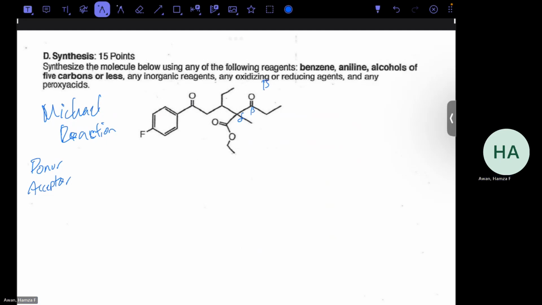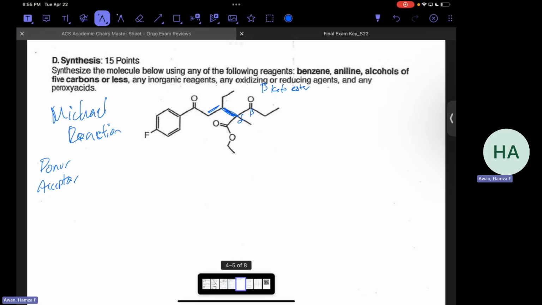So beta keto ester. And what we can have is that this beta keto ester creates a bond in the center. And this we would have an enol, right? So that would be our acceptor, the enol, and the donor is the beta keto ester.